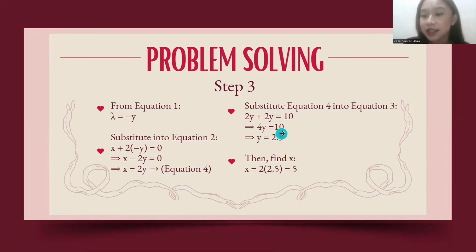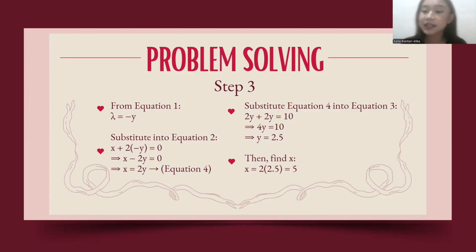Next, we use equation 4 again and substitute y, which is 2.5, into it. So x equals 2 times 2.5 equals 5. So that's the value of x and y. Now let's check the value of the function.